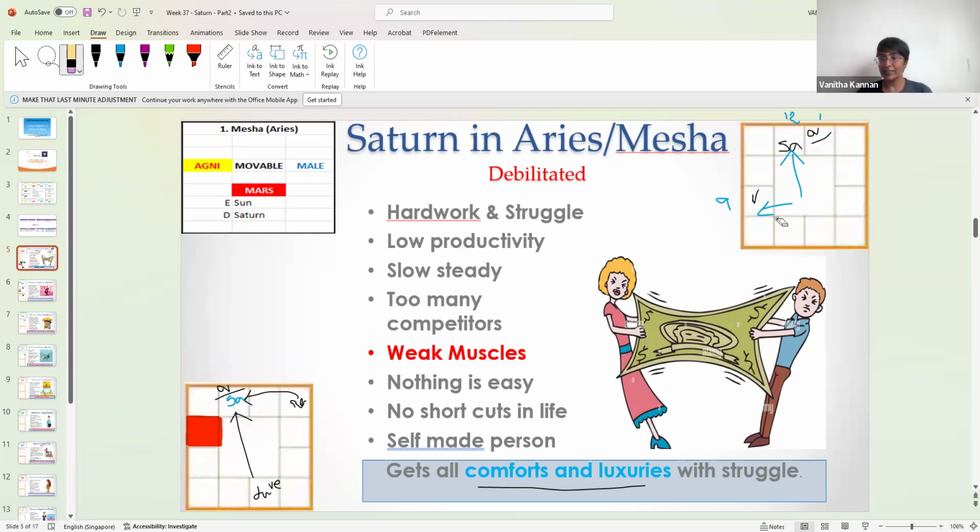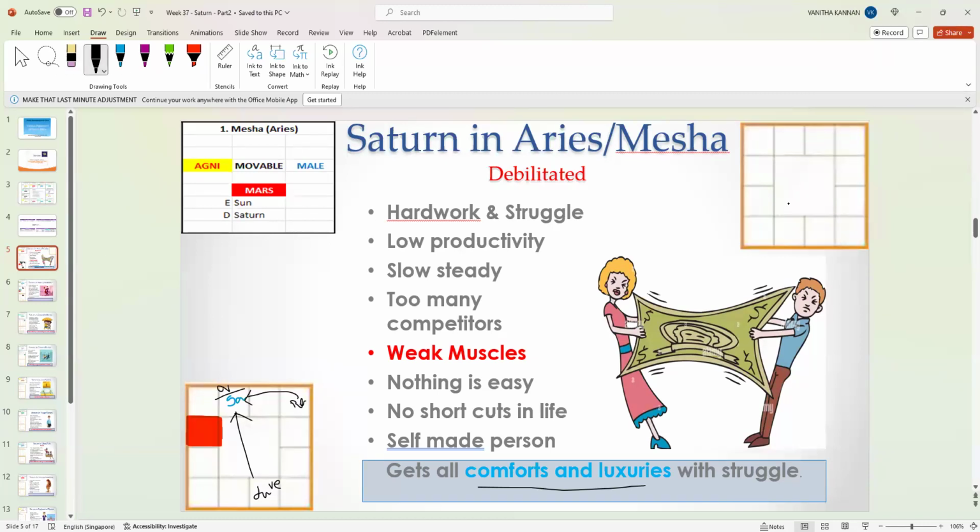Vanita ma'am, I think you were asking if anybody has Saturn in Aries, right? My wife has Saturn in Aries. Which house is it? What is her lagna?